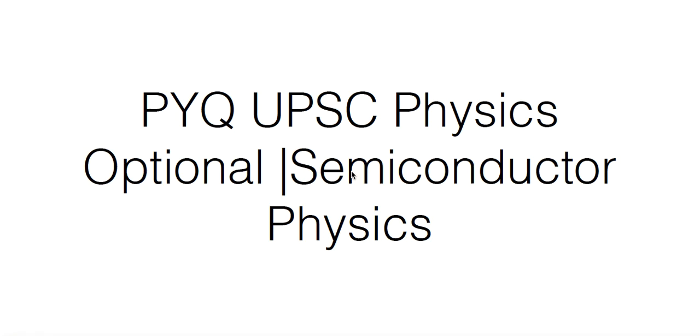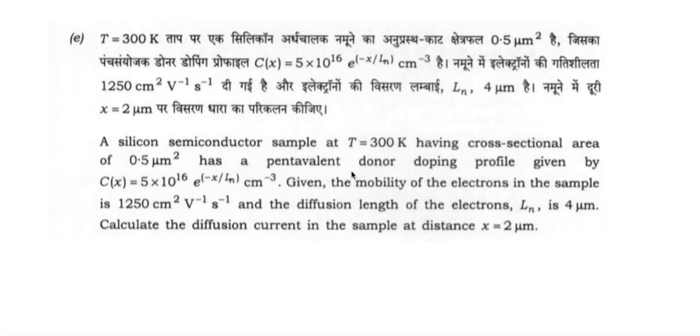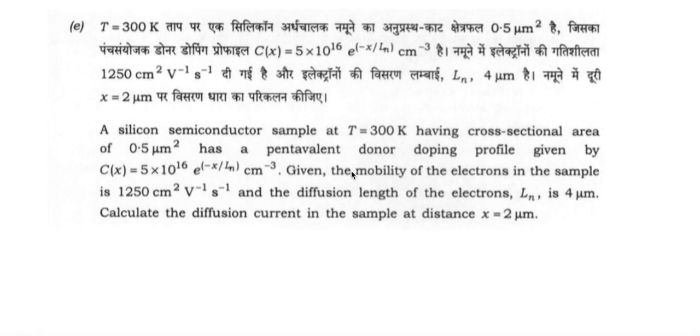So today I have come up with another previous year question from the UPSC Physics optional, and today's question is from the topic Semiconductor Physics. The question is: a silicon semiconductor sample at T equal to 300 Kelvin, having cross-sectional area of 0.5 micrometer square, has a pentavalent doping profile given by C of x equal to 5 into 10 raised to 16 e raised to minus x by L per centimeter cubed.